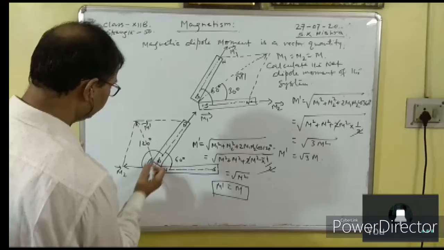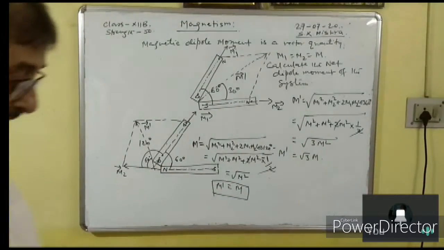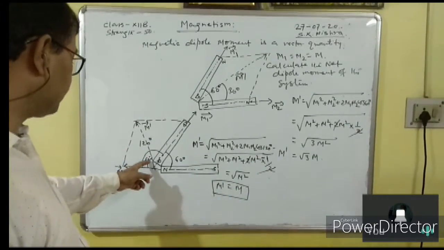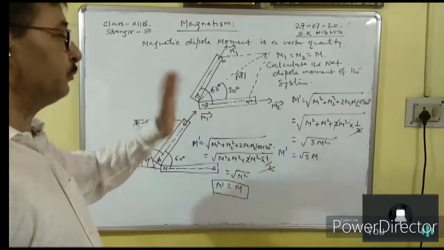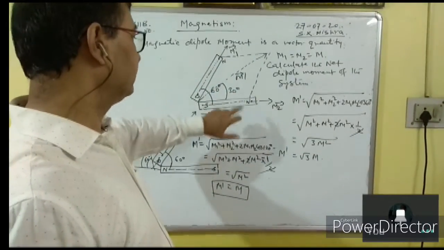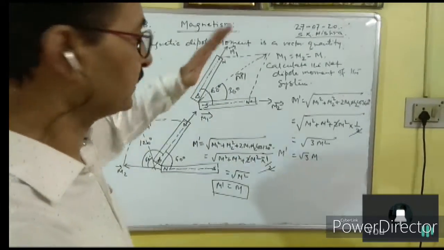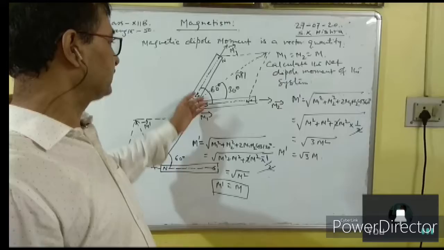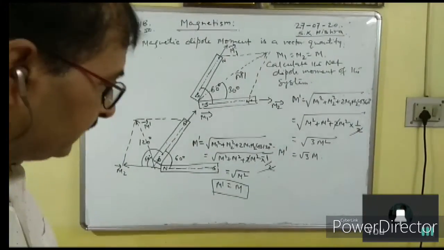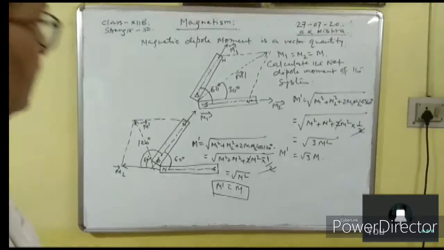So this is under root m square plus 2m square cos 120, which is minus half. So this 2 will cancel out. This minus m square plus m square cancel out. So this is m square only. That is m. So m dash is equal to m only, if the magnets are placed as shown in the figure.